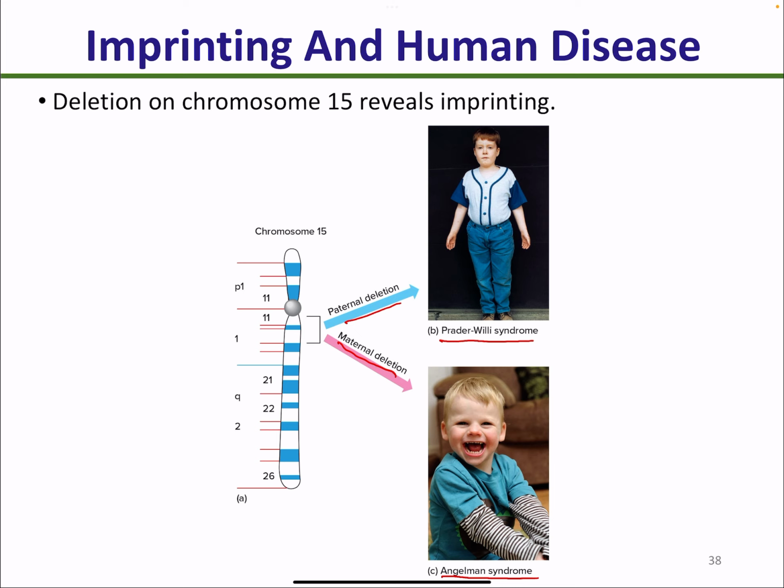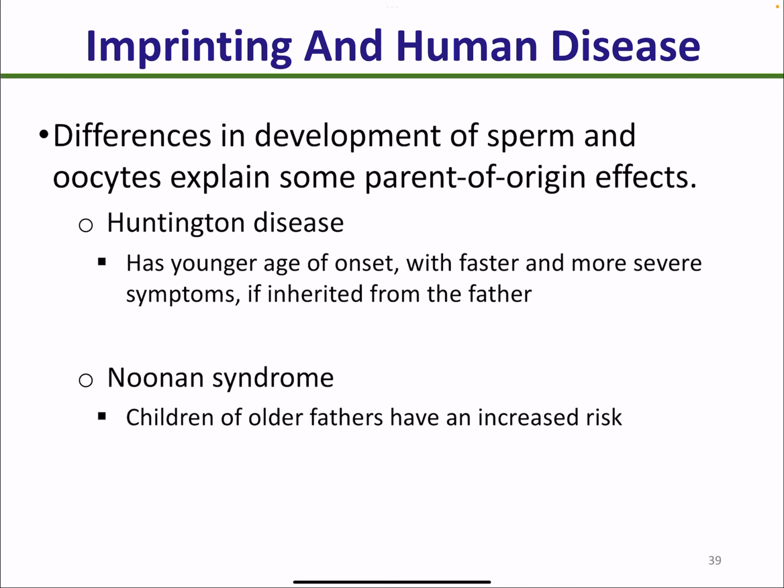All right, so finally but not least, differences in development of sperm and eggs can explain some parent-of-origin effects. Like, for instance, the Huntington disease. We already talked about the Huntington disease, right?